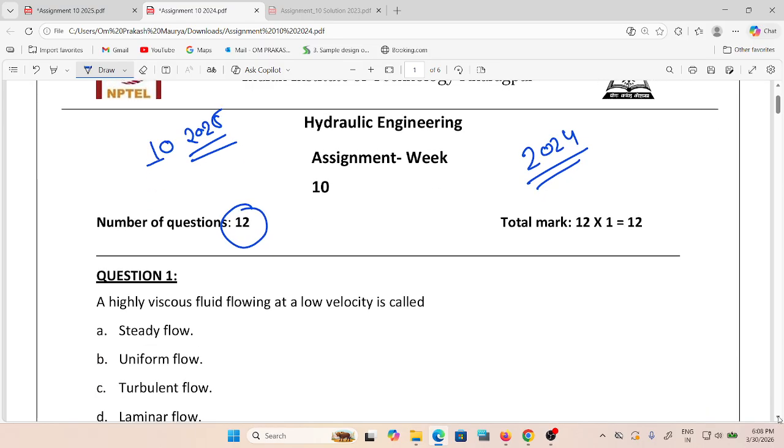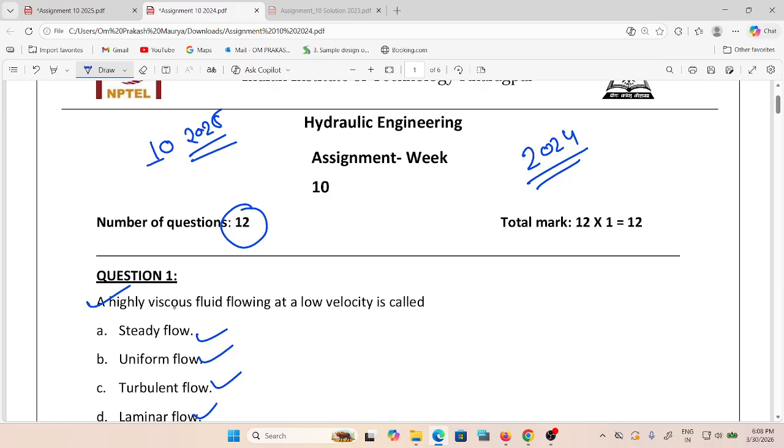The question is: a highly viscous fluid flowing at a low velocity is called steady flow, uniform flow, turbulent flow, or laminar flow.